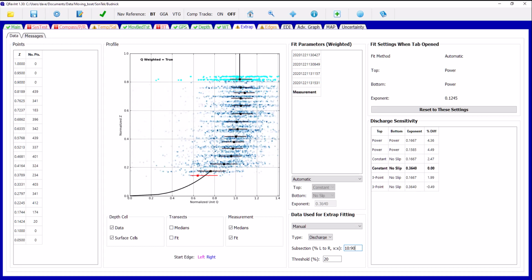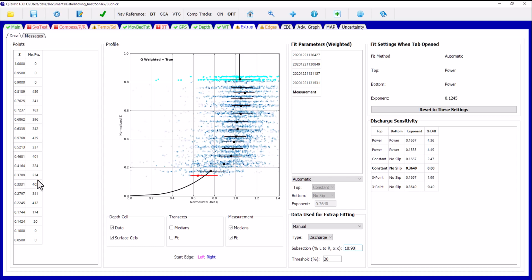When we do that, we once again get a constant no slip. One of the other things we see is where before we had over 1,000 points, we now have only 300 or 400, indicating that a lot of the data that was collected either in the overbank or near bank areas accounted for very little of the discharge.